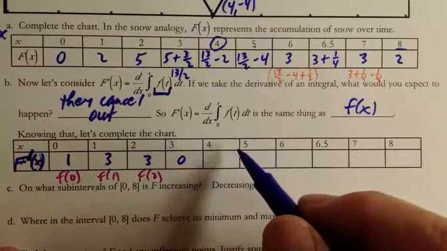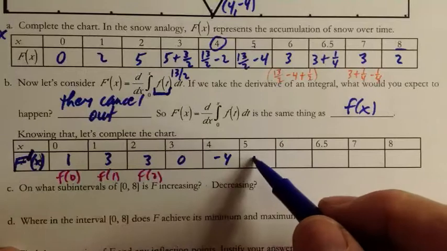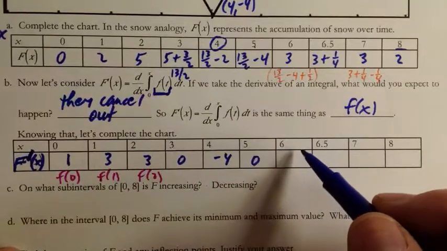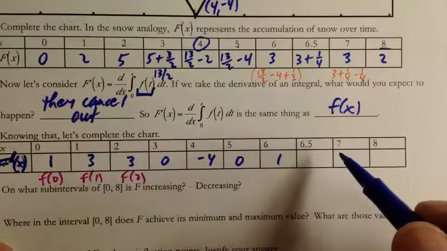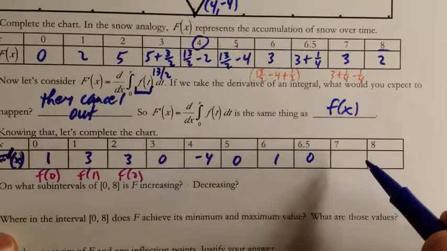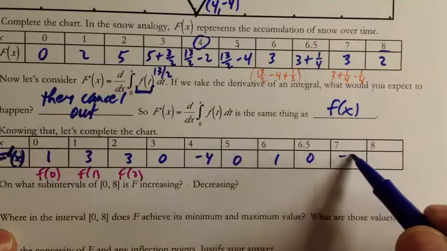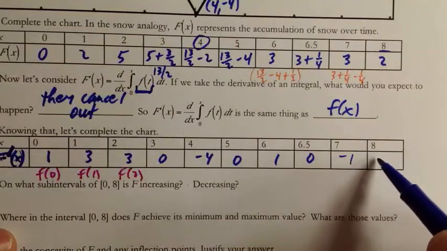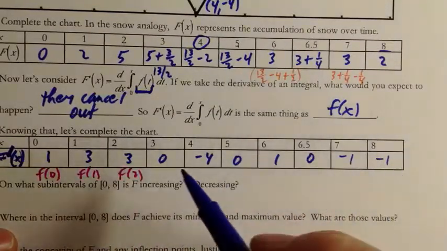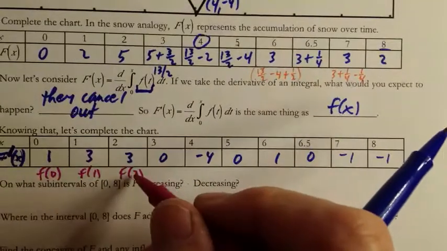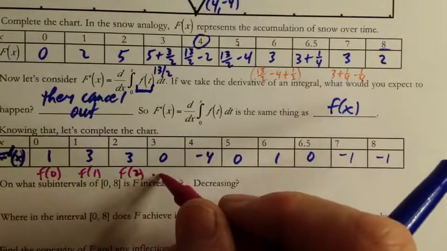And then the rest of this: negative 4, 0, lowercase f of 6 is 1, lowercase f of 6.5 is 0, lowercase f of 7 is negative 1, and lowercase f of 8 is negative 1. So dot dot dot on all these, that's kind of a neat thing.